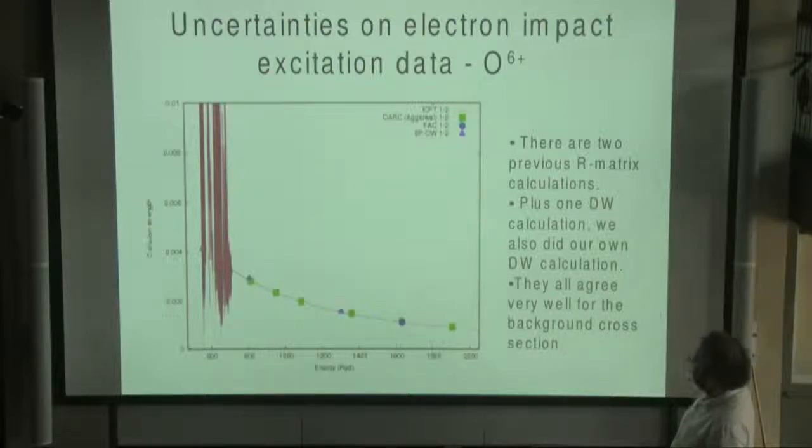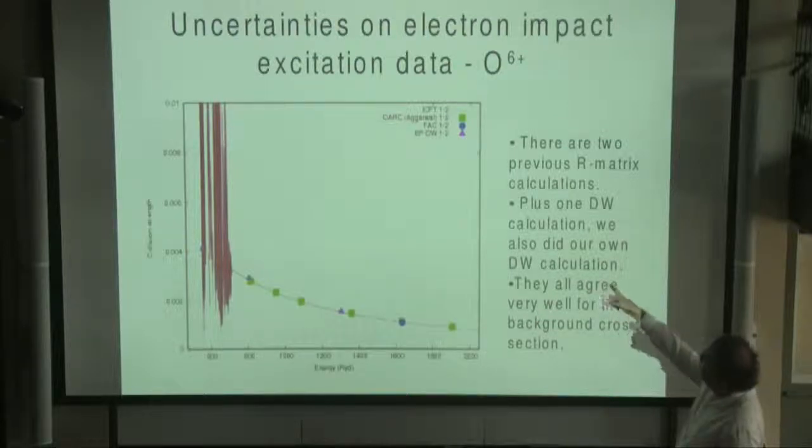This one here, I think, is the 1 to 2 transition, the singlet S to the triplet S. There are other R-matrix calculations, one with the fully relativistic DARC code by Aggarwal. There's the Flexible Atomic Code, a distorted wave code, the blue circles, and we also have AUTOSTRUCTURE now, the Breit-Pauli distorted wave.